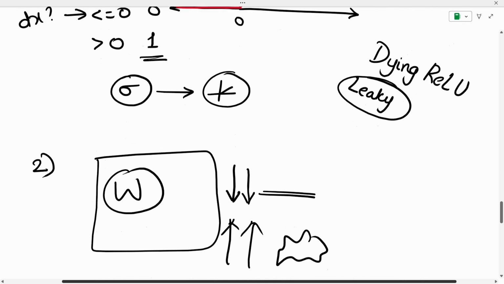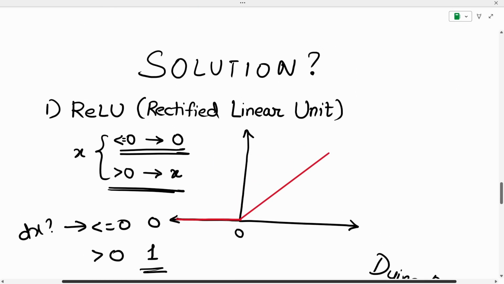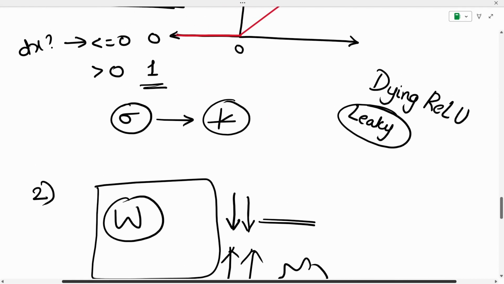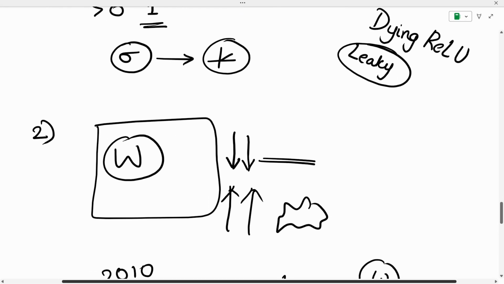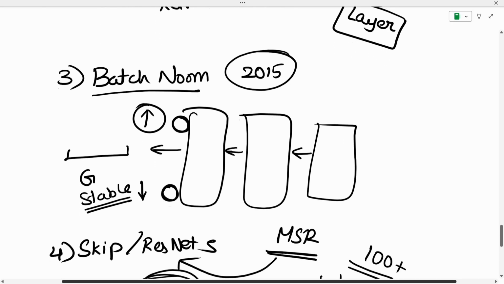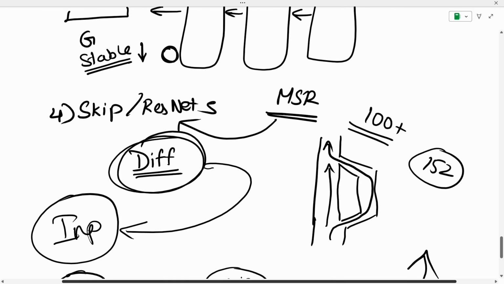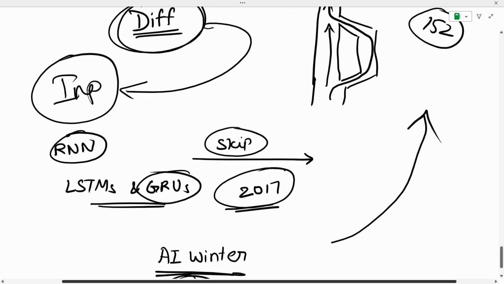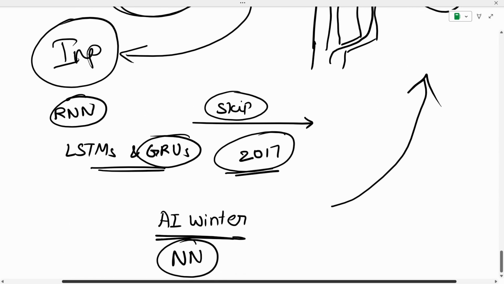Now, the fixes: ReLU keeps derivatives at one, smart initialization balances the starting point, batch normalization keeps your signal strengths in a healthy range, skip connections give you an express lane, and LSTMs give RNNs a memory highway.